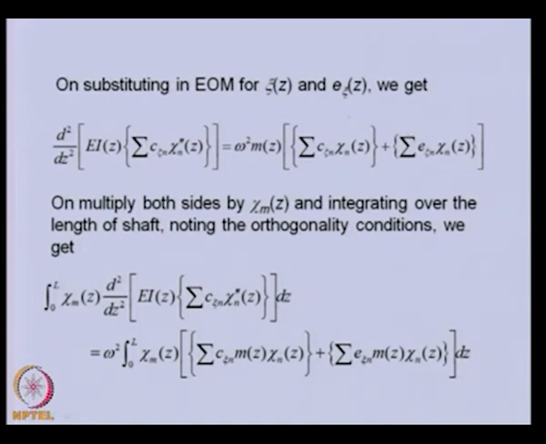Now we will multiply both sides of this equation by the eigenfunction of the mth mode, integrate over the length of the shaft, and note the orthogonality condition to simplify the expression. Once we multiply this by Xm, this term will give us this, and here again we are multiplying by this and integrating over the length of the shaft.